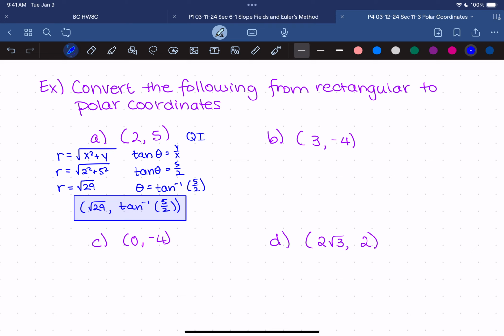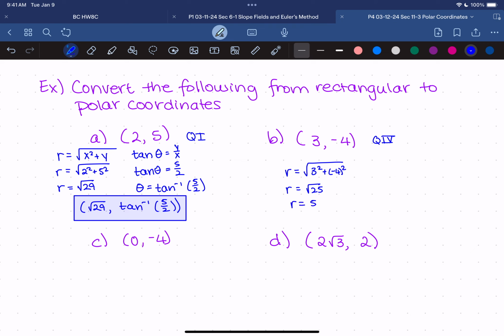(3, negative 4) is in quadrant 4, which is in the range of tan inverse. So I won't have to make any modifications here. I'm going to use those same formulas for r and theta. So r is the square root of 3 squared plus negative 4 squared. This is just going to be a Pythagorean triple.